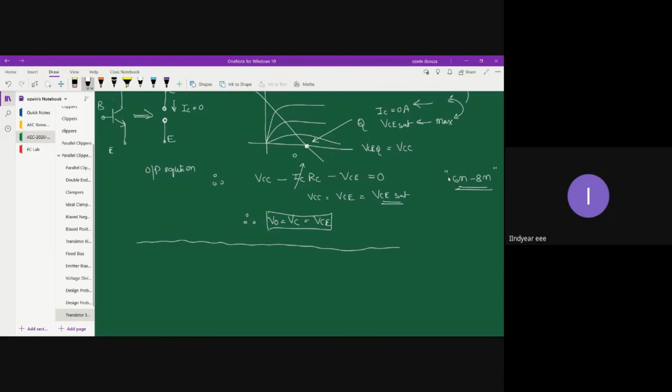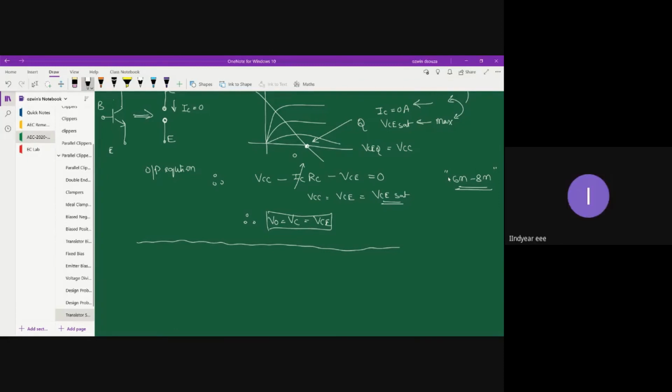Why it is called NOT gate operation, and why the current and voltages are going to change their states for high state of the input and low state of the input? Did you understand? Yes, sir.